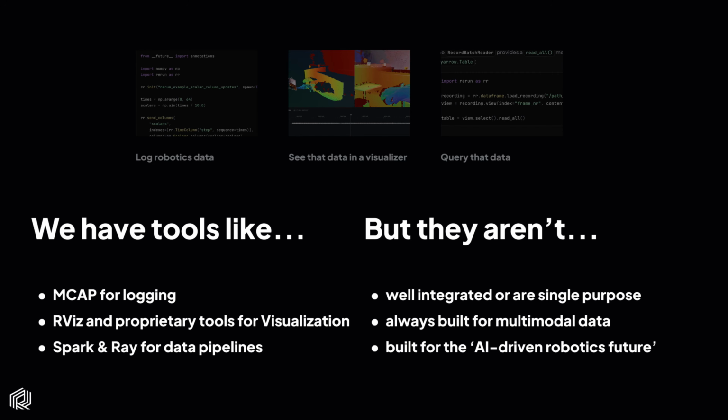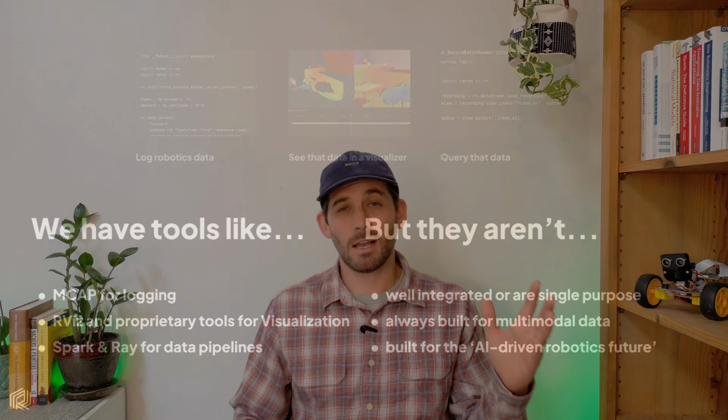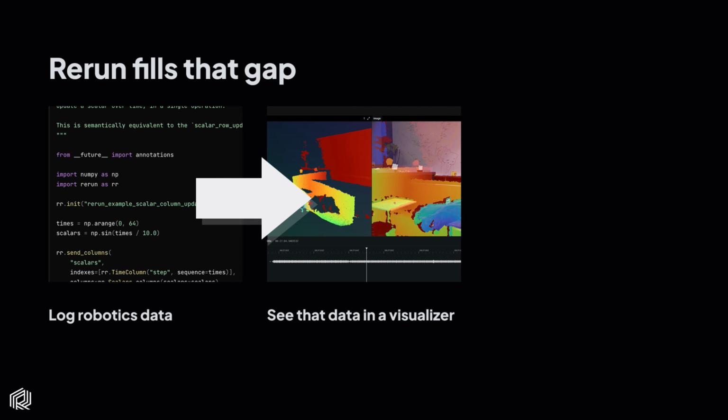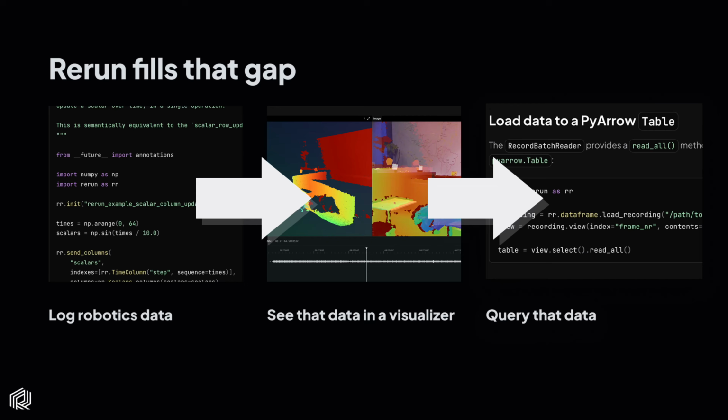They might actually be single purpose. They're not always built for multimodal data. And I think probably one of the biggest reasons is they're not built for the sort of AI-driven robotics future that we're seeing so much excitement about. And so Rerun really aims to fill that gap. We want to allow you to log robotics data with the SDK, see it in a visualizer, and then be able to query it as well.